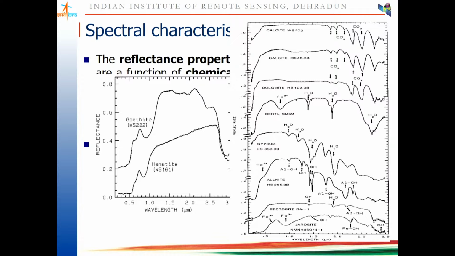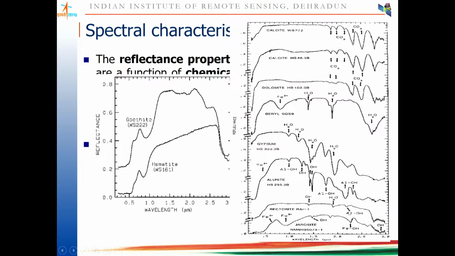Whereas the spectra of CO3 or H2O are very pinpointedly sharp absorption dips at certain wavelengths. For H2O we will get them at 1.4 and 1.9 and 2.8 also. For the presence of adsorbed water on Chandrayaan, this 2.8 absorption was important.